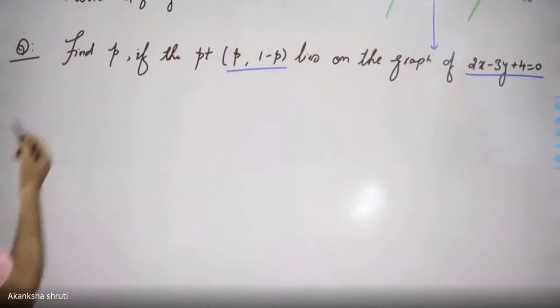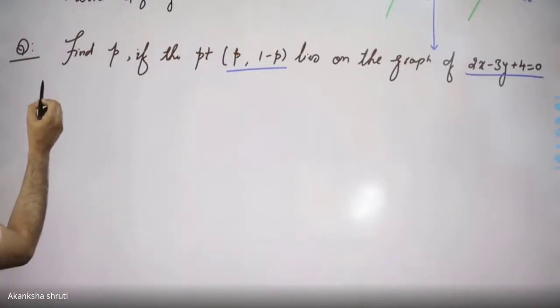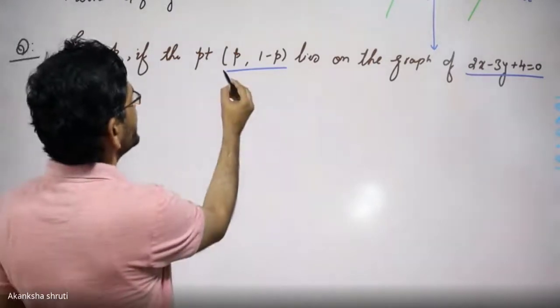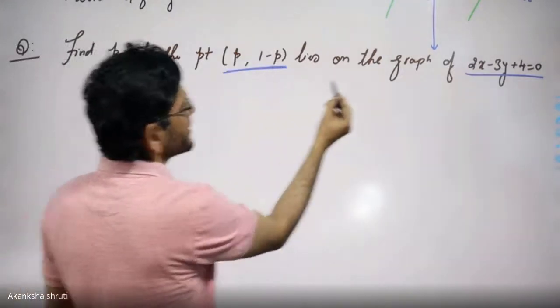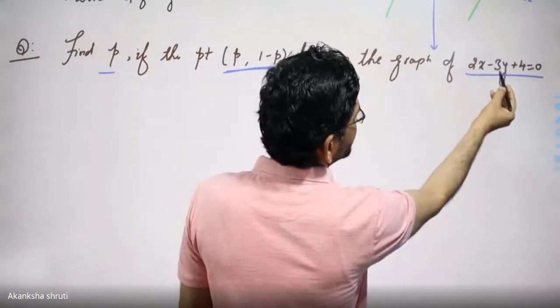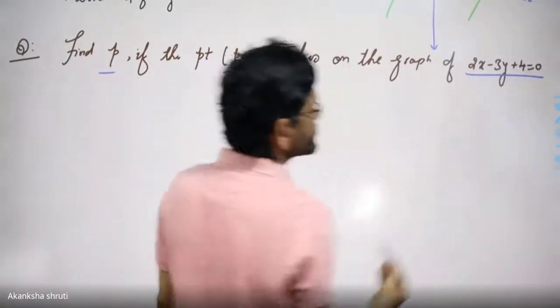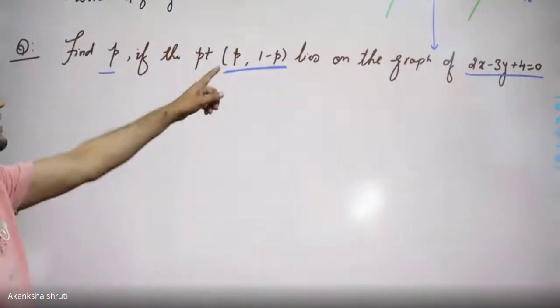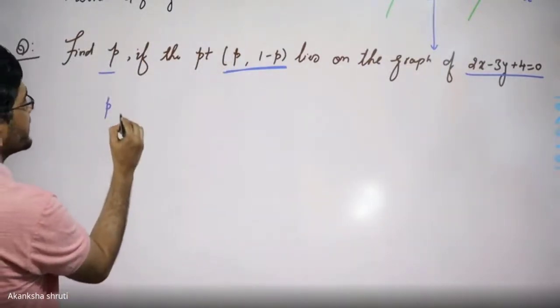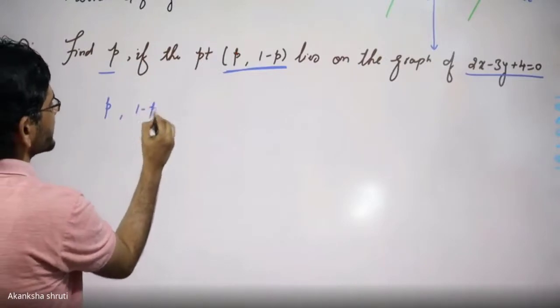Students, let us solve this question. We have to find the value of p if the point p, 1 minus p lies on the graph of the line 2x minus 3y plus 4 equals 0. Students, here the point is p, 1 minus p.